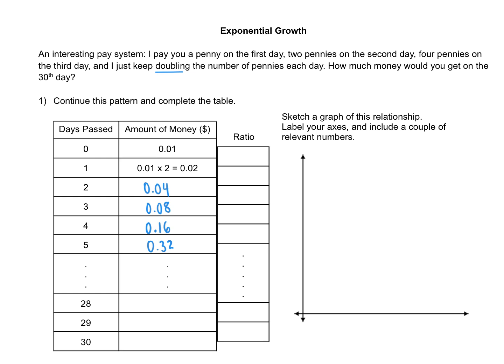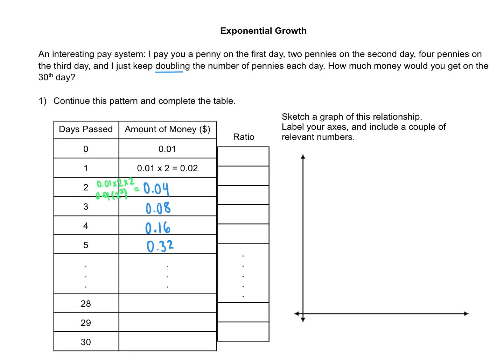To get 0.04, we took the original 0.01, it got multiplied by 2 to get day 1, and it got multiplied by 2 again to get day 2. Which means on the second day, 2 was multiplied twice, but that can be written as 2 to the power of 2.